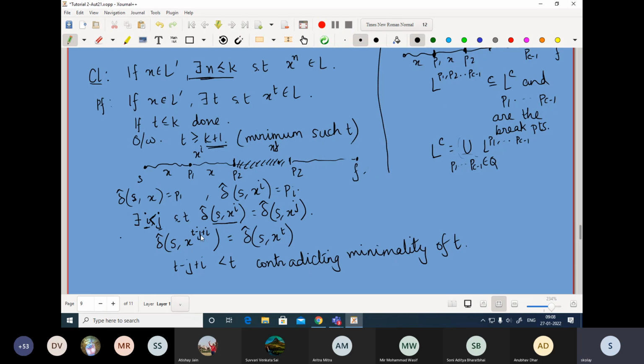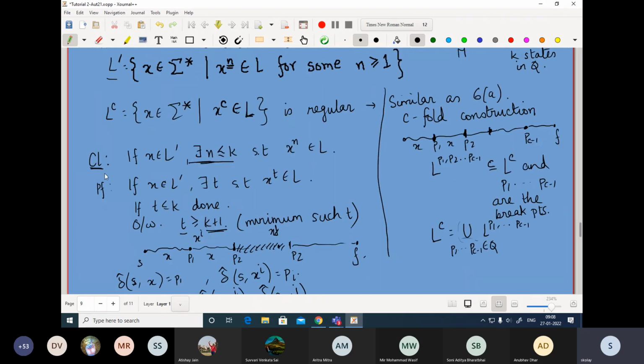This will be x to the t minus j plus i, and then t minus j plus i is strictly less than t, which contradicts the fact that t is the smallest number for which x to the t is a certificate that x belongs to L dash. And therefore we are done. So if we can prove this claim, then using the fact that a finite union of regular sets is regular, we can show that L dash is regular. Any questions?